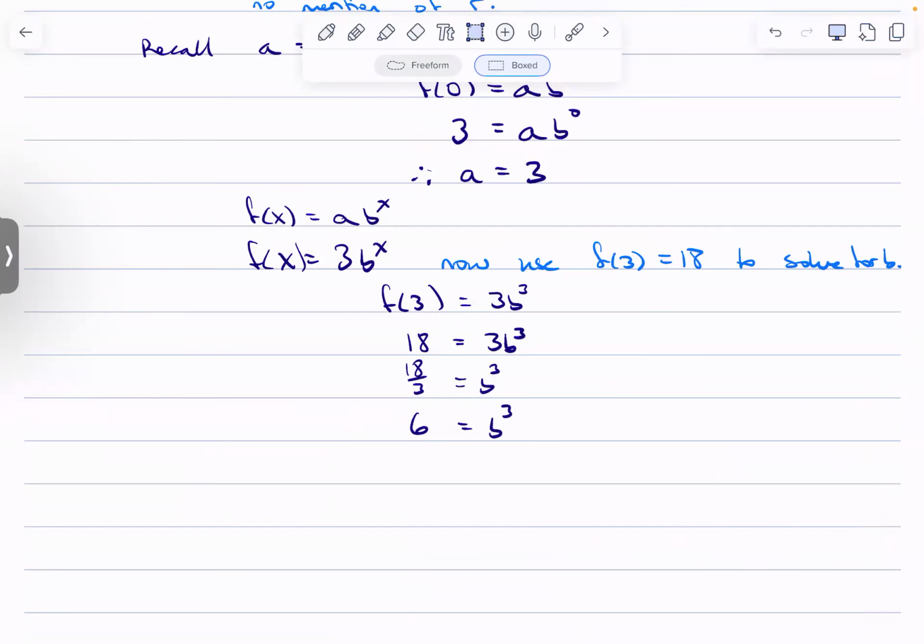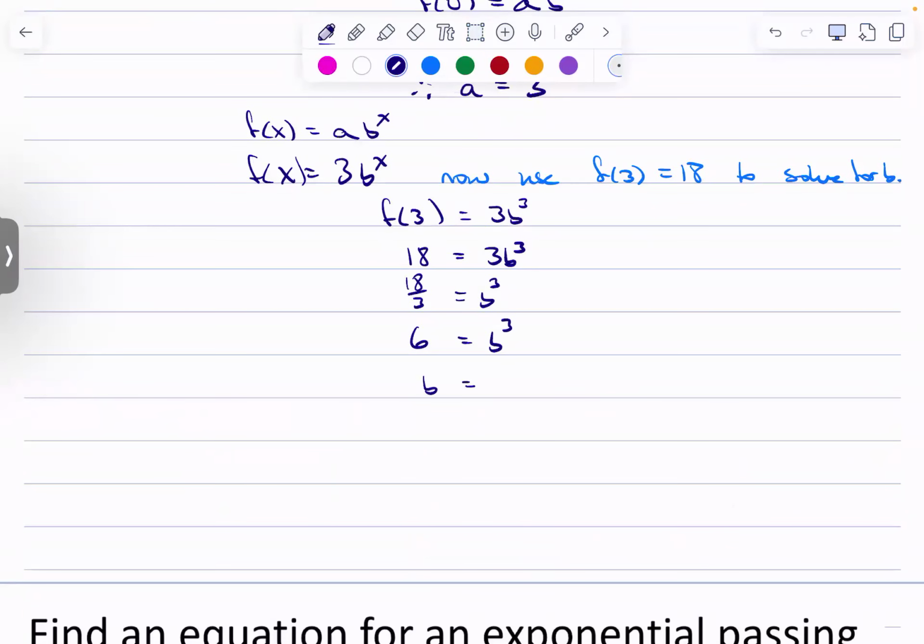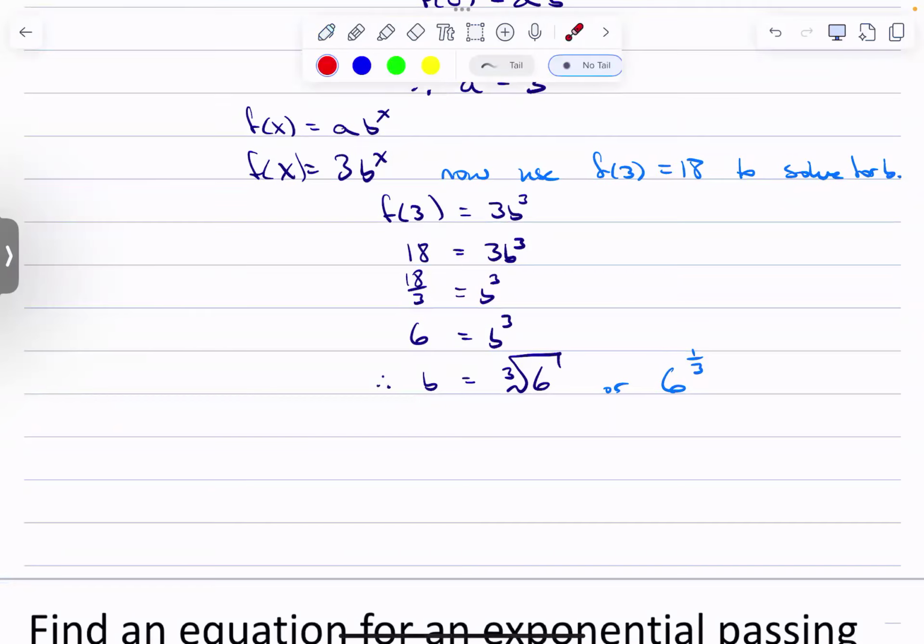So then b is going to be the third root of 6, which I'm pretty sure is nothing to write home about. That's okay. So then b is the third root of 6, or if you prefer, 6 to the 1/3, does the same thing. Now I'm trying to write out a general equation for f of x.